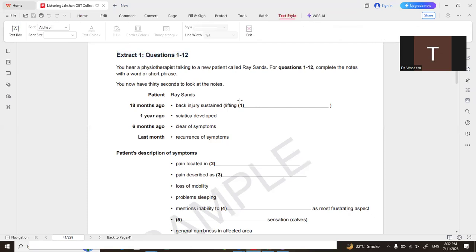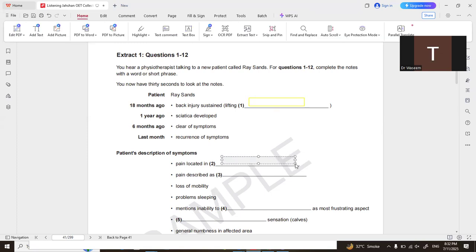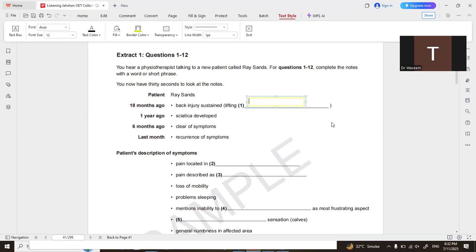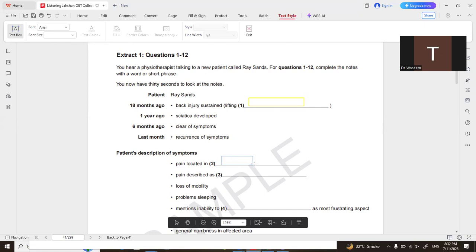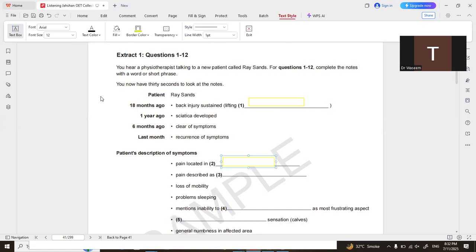Now, the thing is, how would you know what is the answer, and where is the answer? That is very important. And that's what we are going to do. Okay.